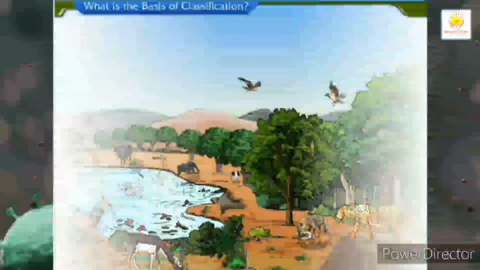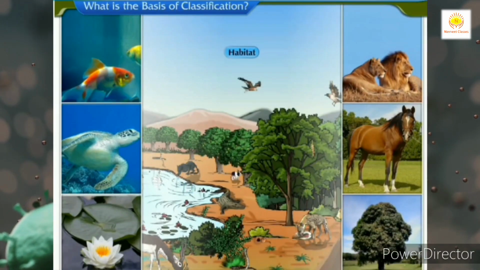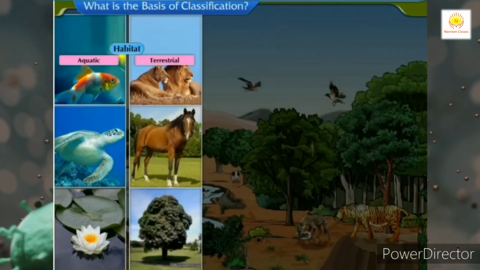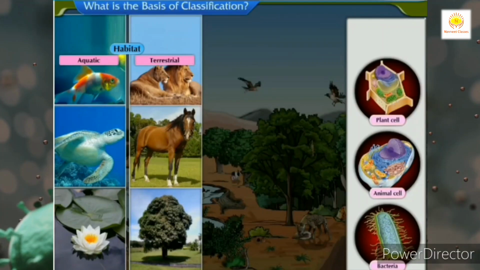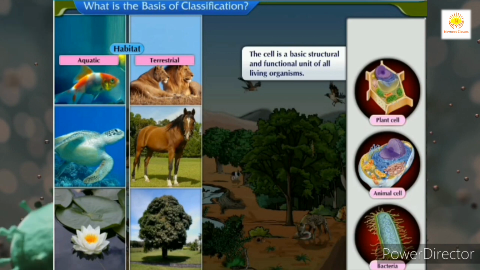For classification of the living organisms, the place where they live, that is, their habitat, can be one such criterion on the basis of which they can be classified. The other criteria can be the kind of cells they are made up of. You know that the cell is a basic structural and functional unit of all living organisms.